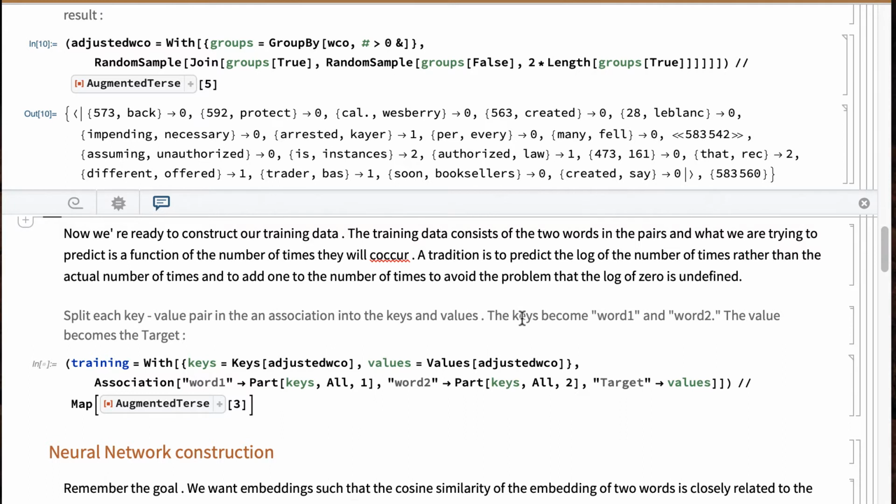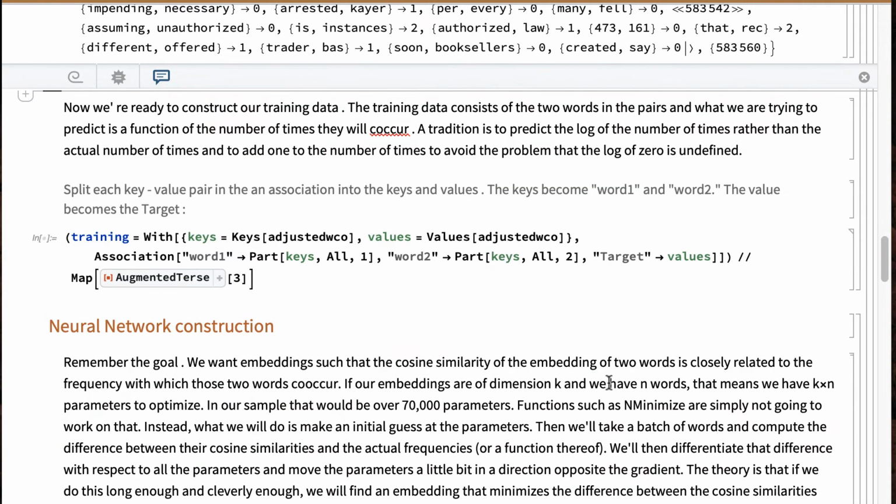And the idea is that we're going to use the embeddings of word 1 and word 2, the two words that co-occurred, to try and basically predict the target. All right, let's construct our neural network to show you exactly how we're going to do that.